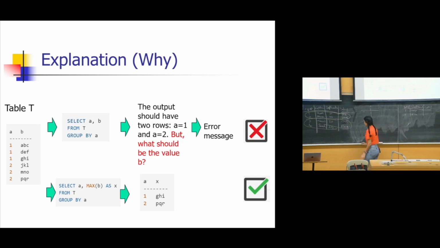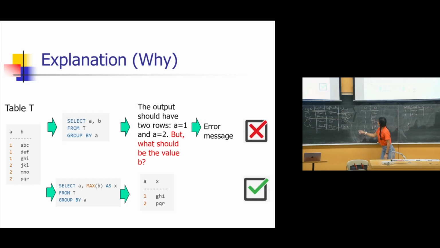you only have these 2 columns, right? You have A and B, and this is your table T. You have 1, 1, 1, 2, 2, 2, right? And then some values here, A, B, C, D, E, F, G, H, I, J, K, L. Right?